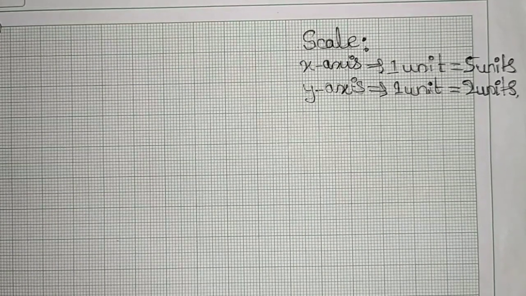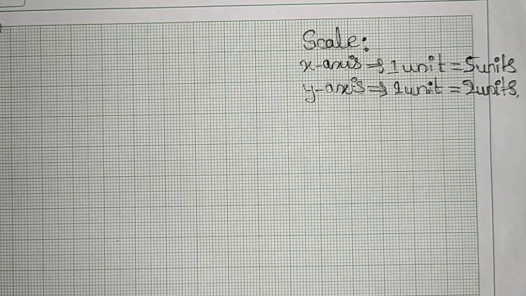So as you can see, I have made certain changes to our Cartesian system scale. Usually on your x-axis, 1 unit is equal to 1 number, and on the y-axis you will also take 1 unit is equal to 1 number. But since our equations have such large values of x, that is in one case x is equal to 26 and in another case x is equal to 27, to make sure that all those values are represented on the graph, I have made some changes.